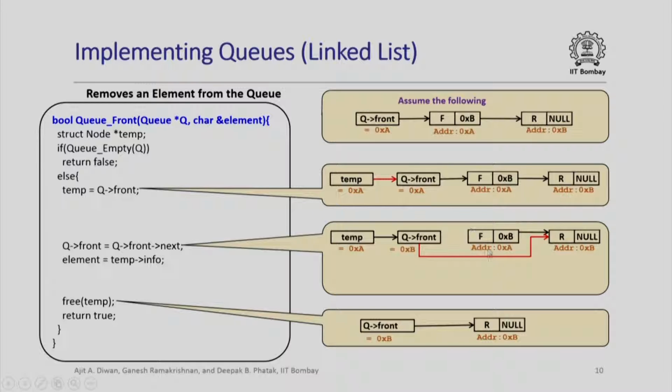Now the element which I am returning is temp info, because temp info is pointing to this f. Having done that, I free temp so that my temporary storage is released. That means this node f is released and queue front now points to r. So the queue is now continuing with the remaining elements.